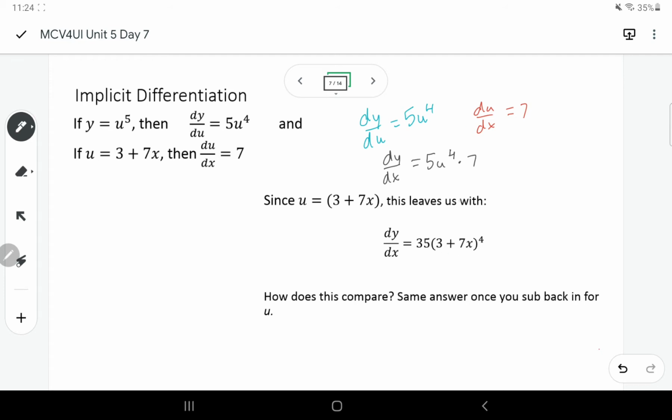And if we substitute back in what we know u is equal to, 3 plus 7x, we get the exact same thing as if we had done it the regular way using the chain rule.